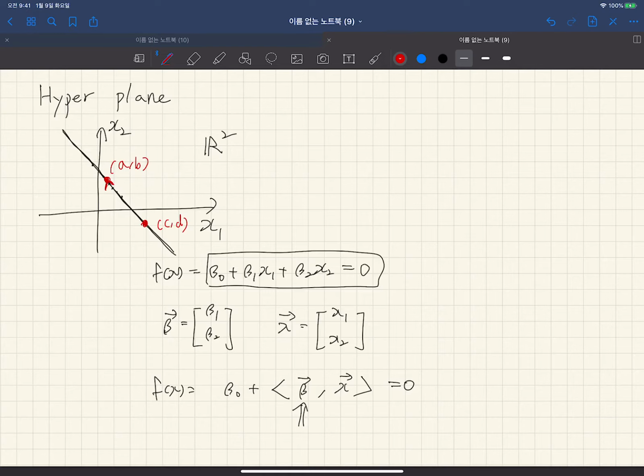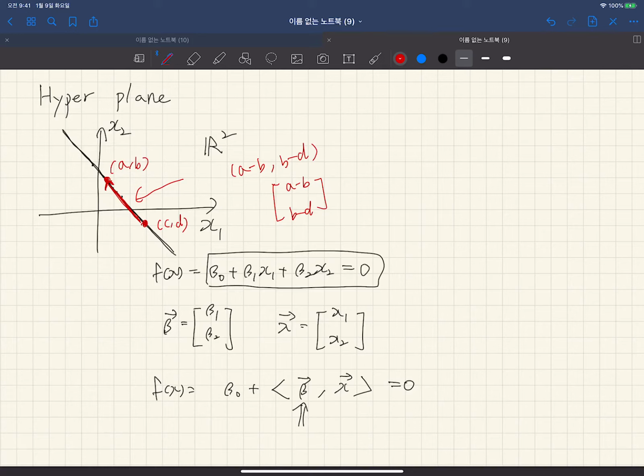Then this vector is (a minus c, b minus d).